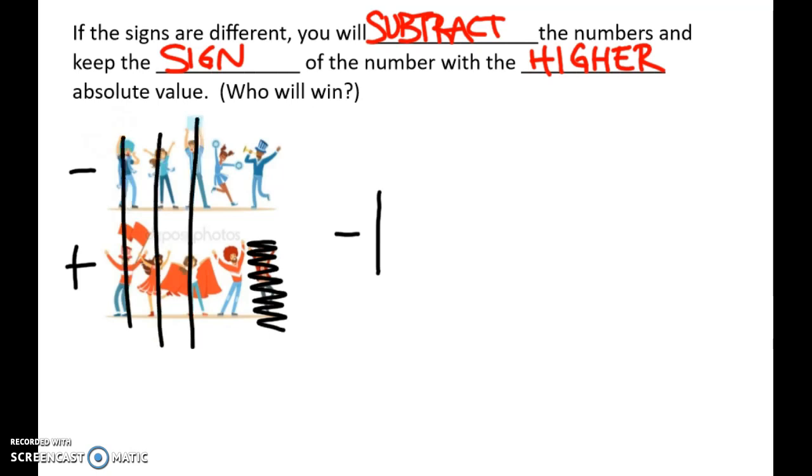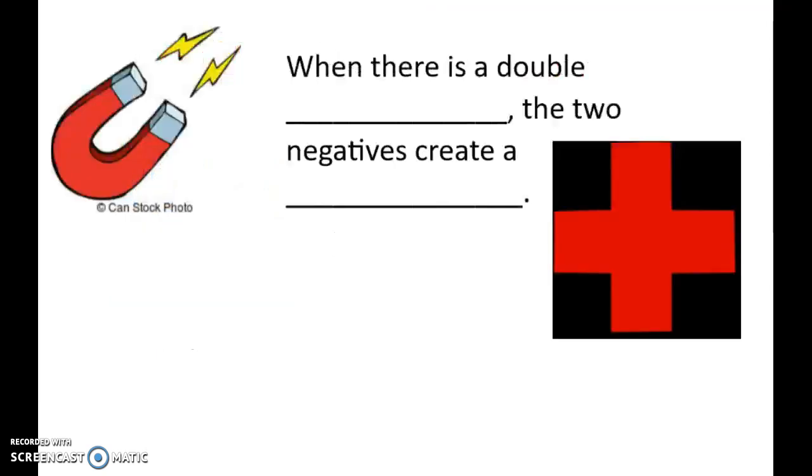So these people would all get canceled out, and there would just be 1 person left. Okay, so that's how I like to think of it, as teams. Whoever has the most people wins, and then obviously you have to keep the sign of the winning team there. We're going to see some more examples of this.